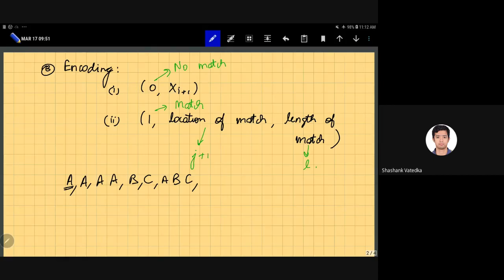It's A, right? It is 0, A. Right? It is 0 followed by x. So it's a character, and it's a location and the character. Right? So now what about the second phrase?